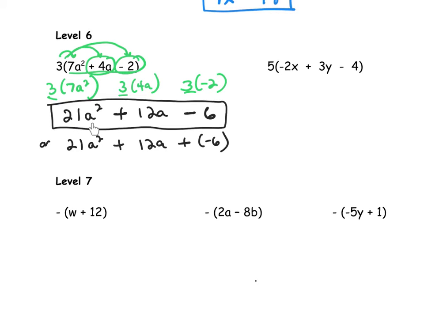Positive 21a squared, positive or plus 12a, and minus becomes a negative, so minus 6a, minus 6. And we could also write it as plus a negative 6, but this is the preferred way because there's one sign. So take a moment, please, and try this on your own.